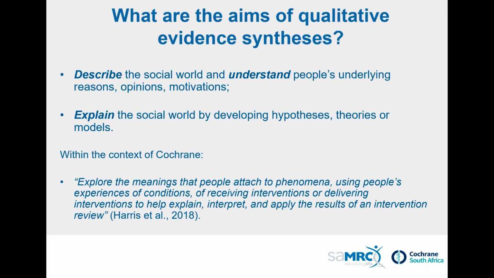Then specifically within a Cochrane context, a qualitative evidence synthesis really wants to explore the meanings that people attach to phenomena, using people's experiences of conditions or of receiving interventions or delivering interventions to help explain, interpret, and apply the results of an intervention review.